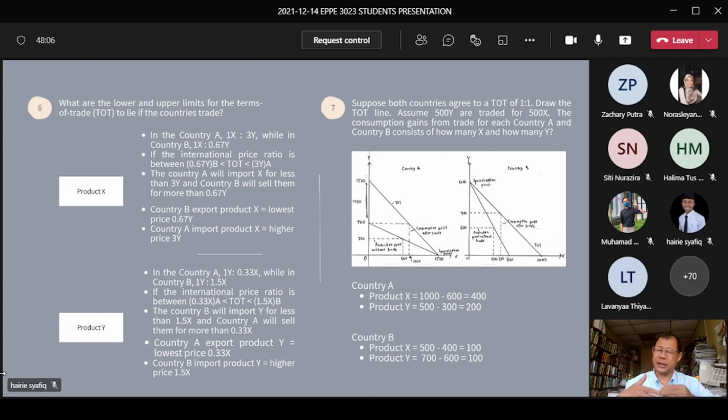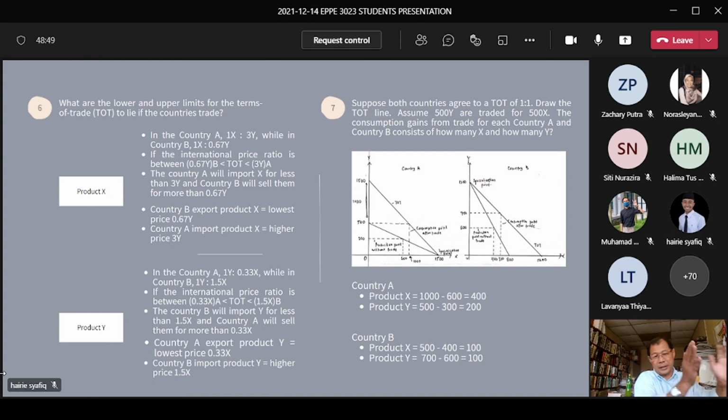Country A exports X, so country A's trade triangle will definitely be on the very right, bordered by 500 X, which is export, and 500 Y of imports, and the TOT, which is the 1 to 1 ratio.